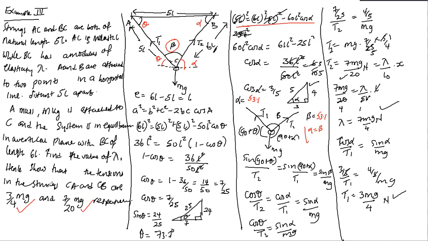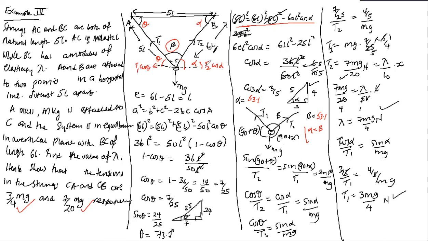So that's what our question was requiring, unless someone has a challenge. Then others who wanted not to use Lami, you can resolve from here. So that you have T2 cos alpha, you have T1 cos theta.